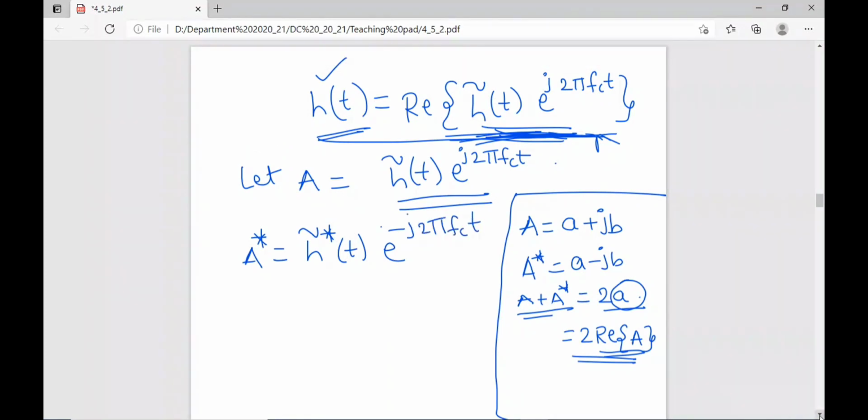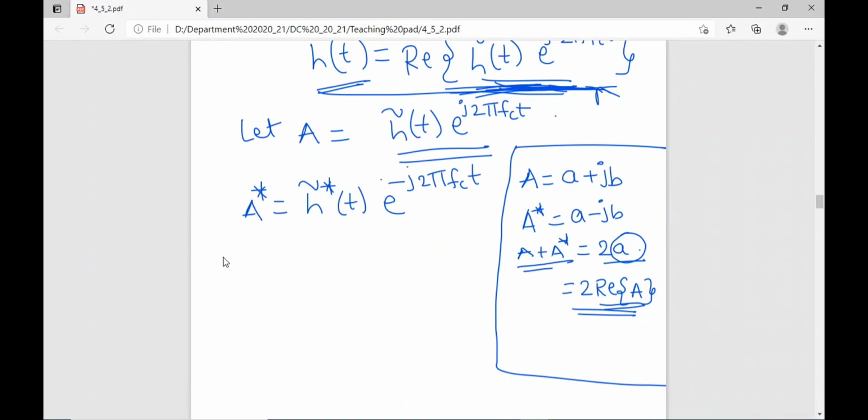Now here also I will write A plus A star.